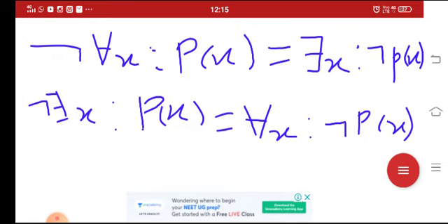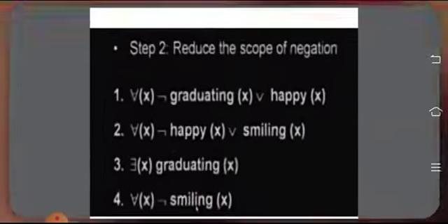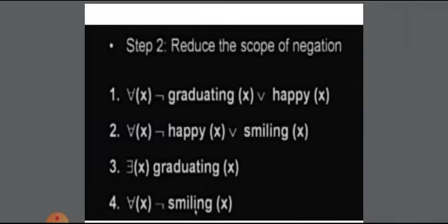Okay, hope you understand this, which is the second step in our conversion of FOL to the clausal form. Now see the resulting statements after reducing the scope of the negation symbol.